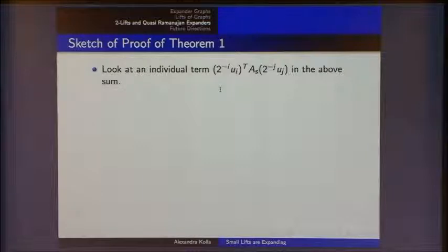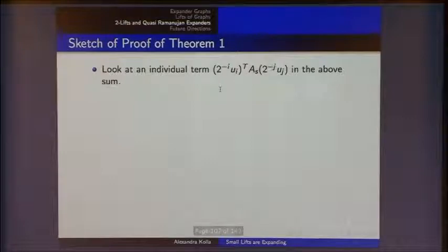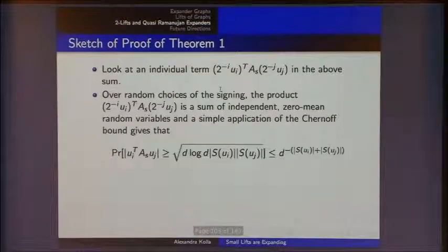Bear with me in these couple of slides. I said they were ugly. Let's look at an individual term in this inner product, one of the u_i and u_j. So fix i and j and look at it. And S, remember, is a signing that now we choose at random. So over random choices of the signing, this term is just a sum of independent zero mean random variables.